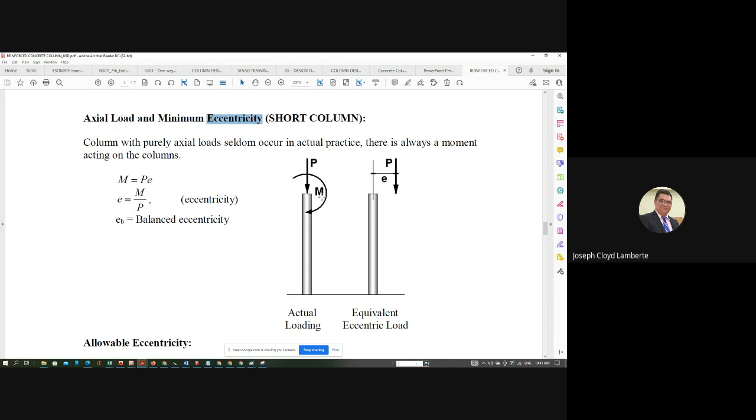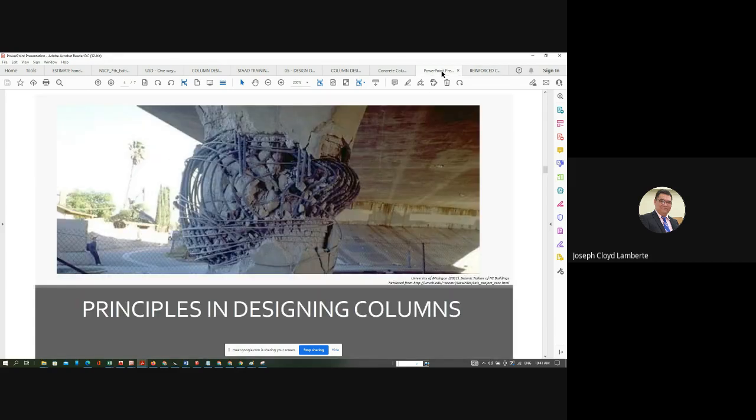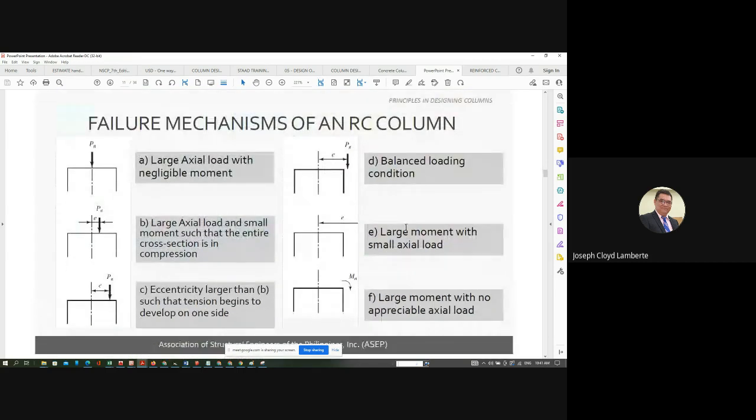But maybe because the amount of the moment is relatively small, then of course naasa na siya kanang minimal ra sa iyang eccentricity. In such a way, we may be able to consider that one as short column, neglecting the small amount of moment. So neglect lang ang small amount of moment.